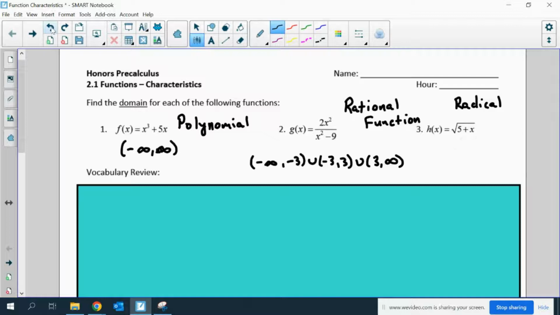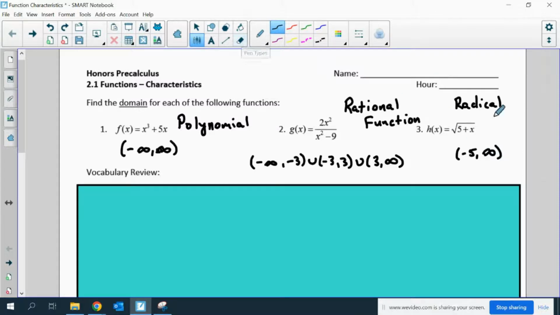So that's why odd ones work and even ones don't. So I have to set 5 plus x greater than 0. So x must be greater than negative 5 to work in the domain. So therefore, the domain of this function is negative 5 to infinity.